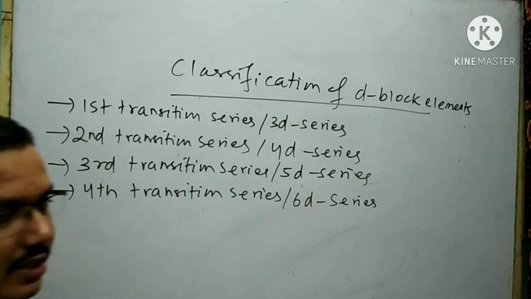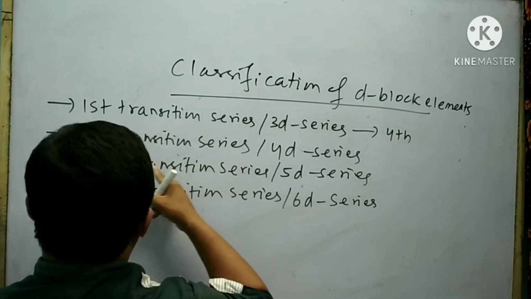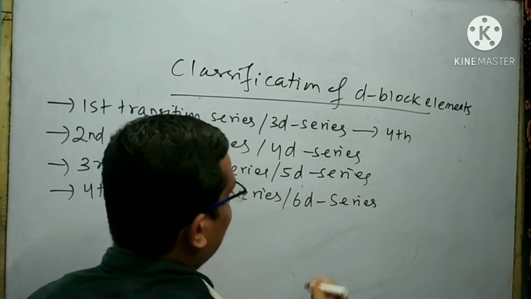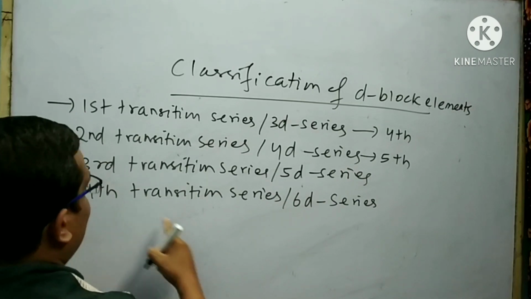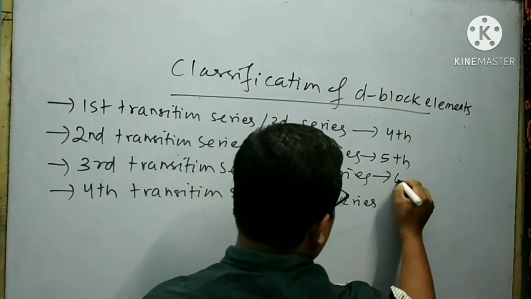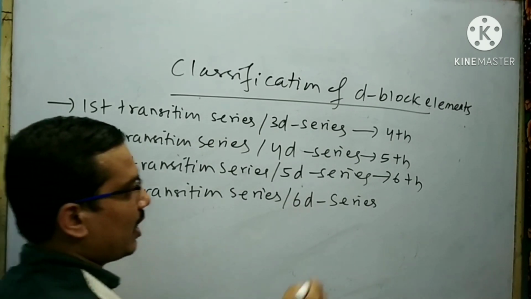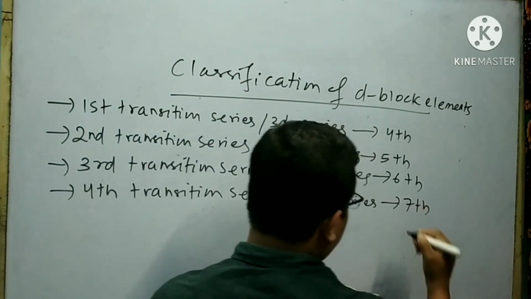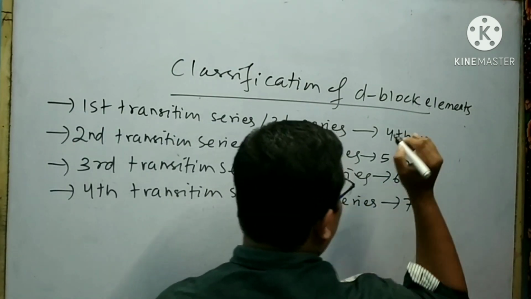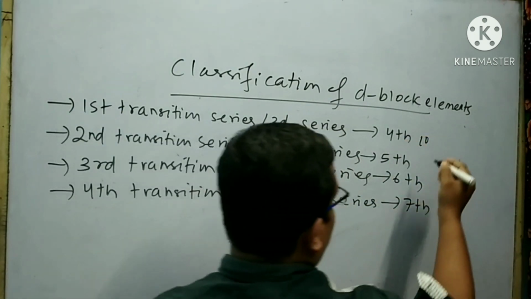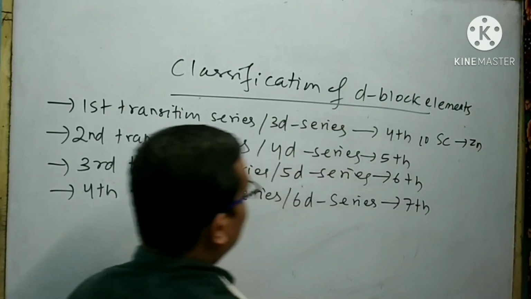The first transition series belongs to the fourth period. The second transition series belongs to the fifth period. The third belongs to the sixth period. The fourth belongs to the seventh period. The first transition series contains 10 elements, from scandium to zinc.